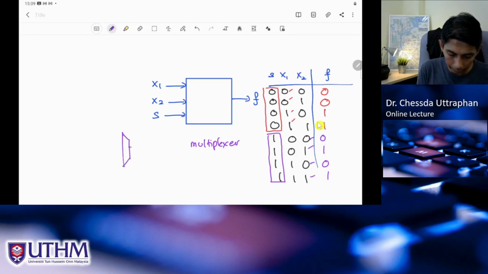So this is basically something like this: x1, x2, a multiplexer, and f.